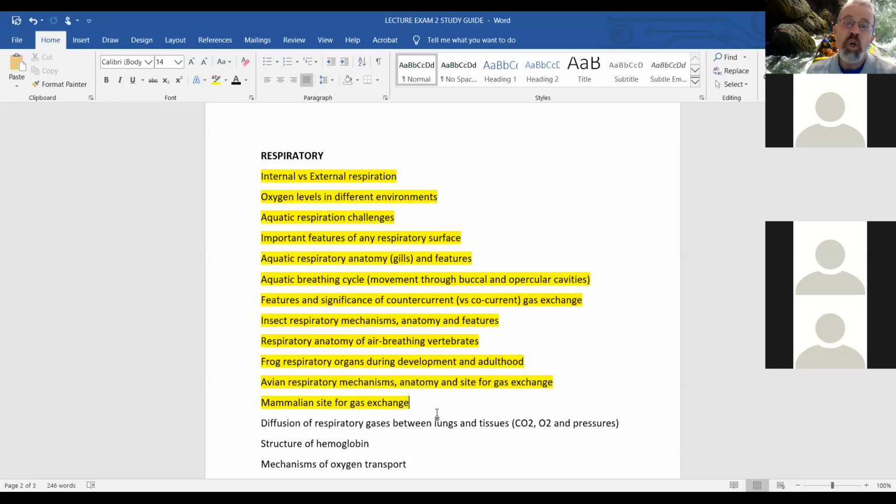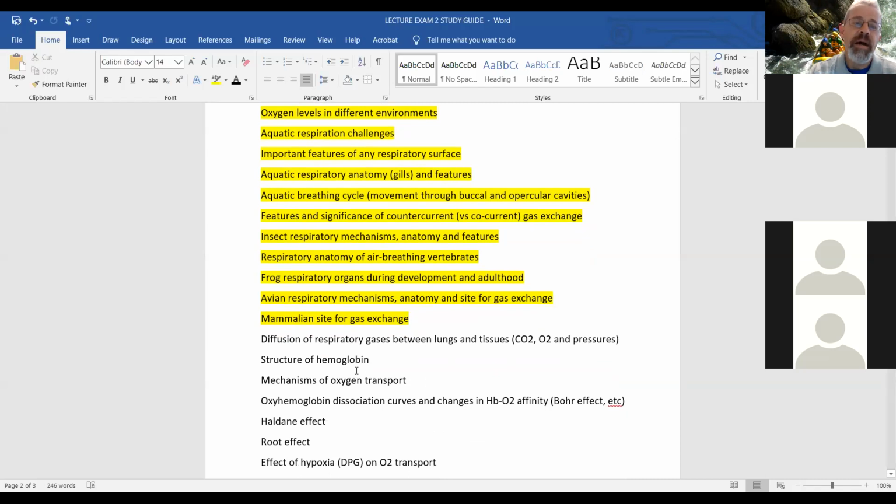They have a cross-current system, which is still very similar. Instead of going in opposite directions, it's perpendicular, but still the air has more oxygen than the blood at any given point, so there's going to be a constant diffusion of oxygen into the blood.